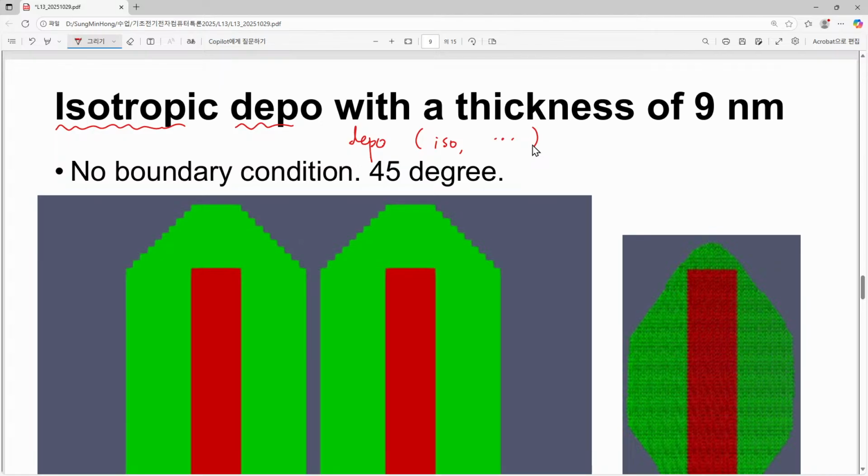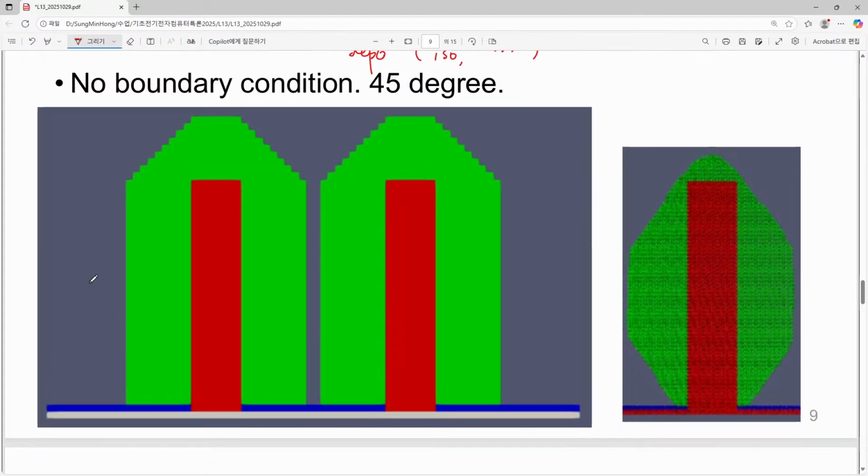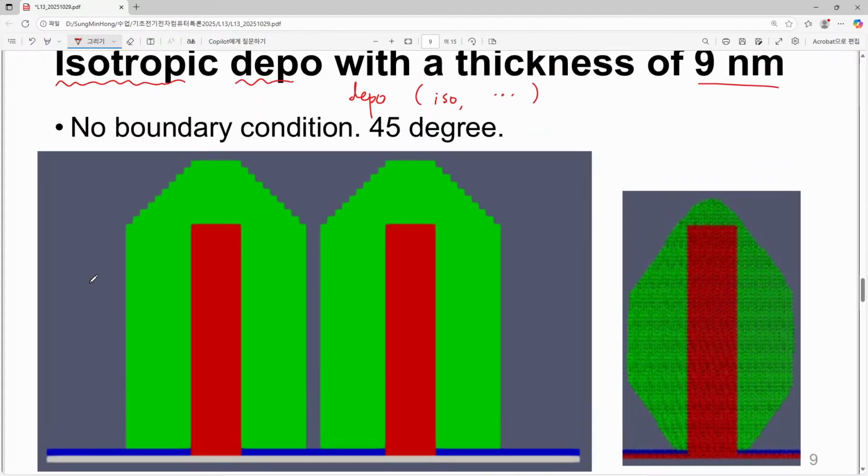If we perform our deposition in an isotropic way with a given thickness of 9 nanometer, then you will have this form. Of course, this is a three-dimensional structure, but we just make a projection, so you can have this cross section.